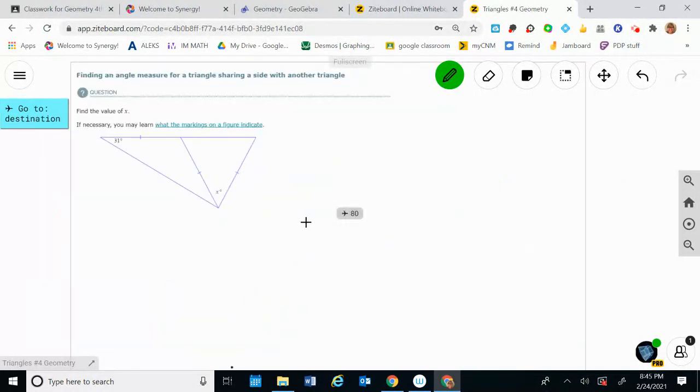Let's try it again. You can pause if you want to. Look, this is an isosceles triangle. This is 31 as well. 31 plus 31 plus, let's call this Y again, equals 180 because this is a triangle. 62 plus Y equals 180.